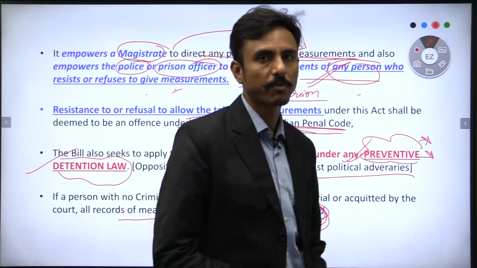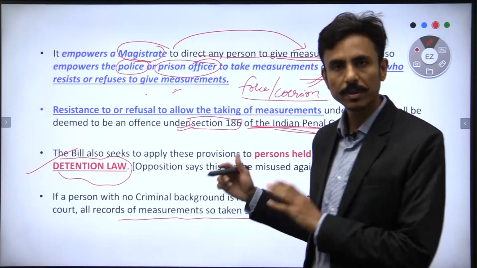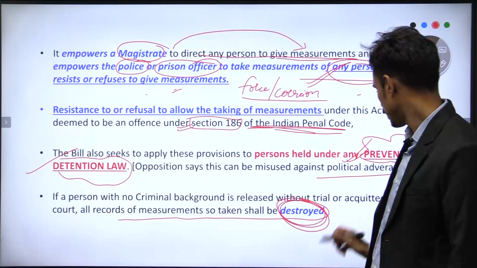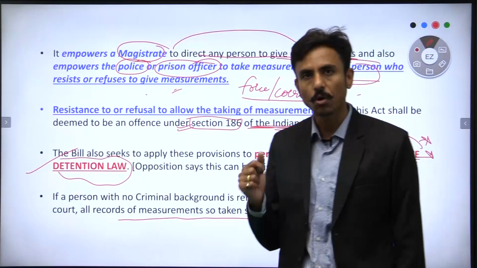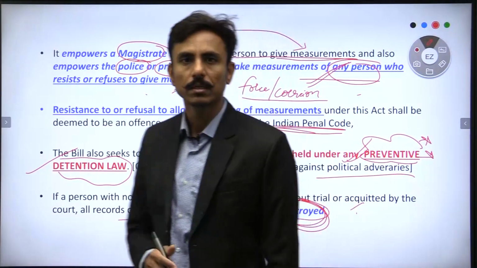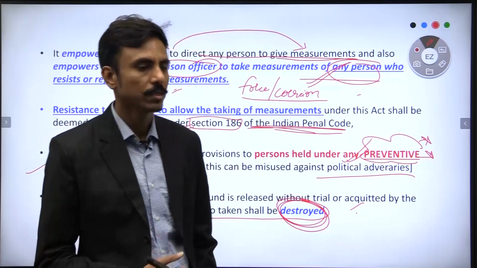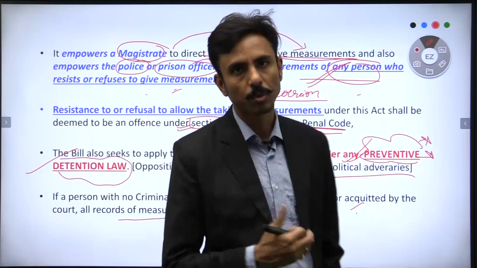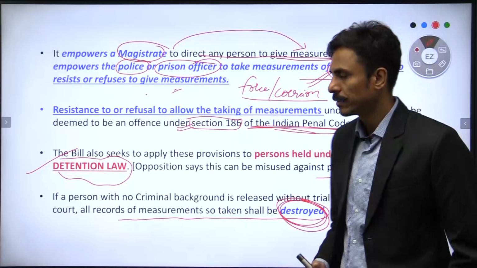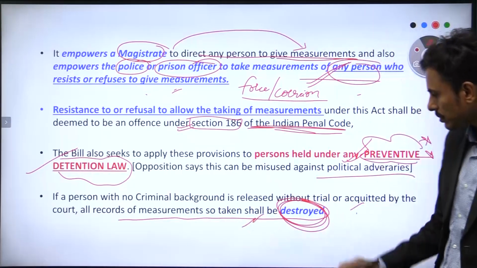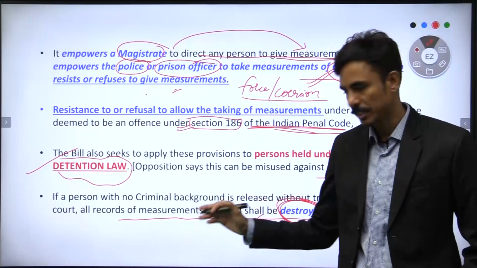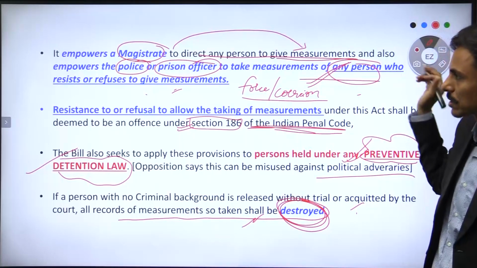So this is a good provision of the bill, that if you are released without trial or acquitted by the court, then all the records of the samples that the court or the police department has collected would be destroyed, right? So in this sense, there is no preservation of the measurements, right? I hope it is clear.